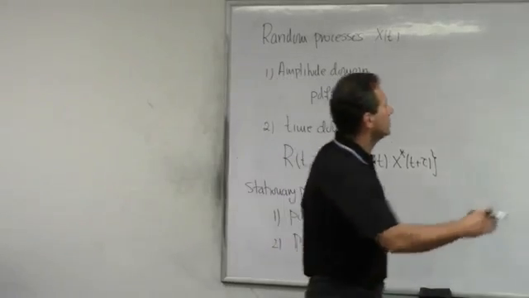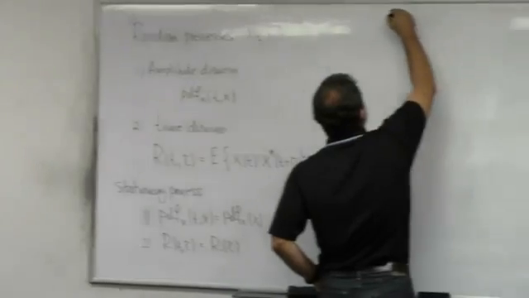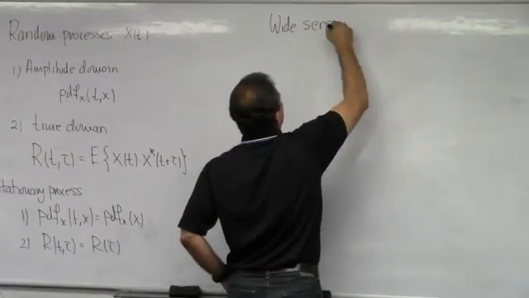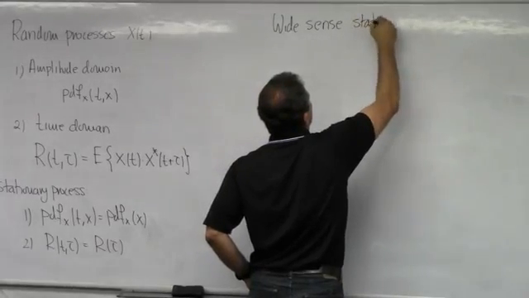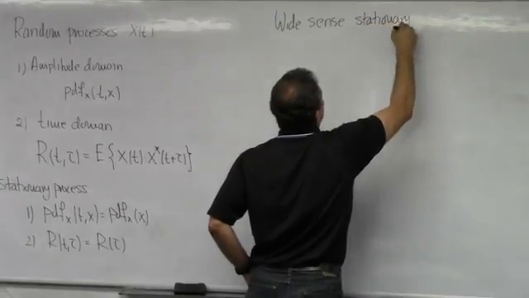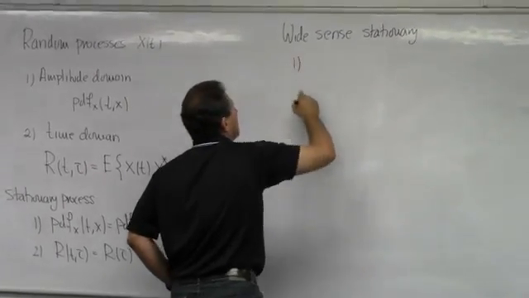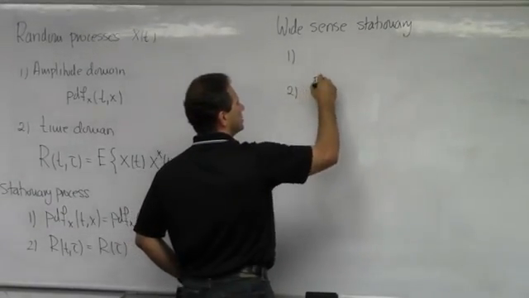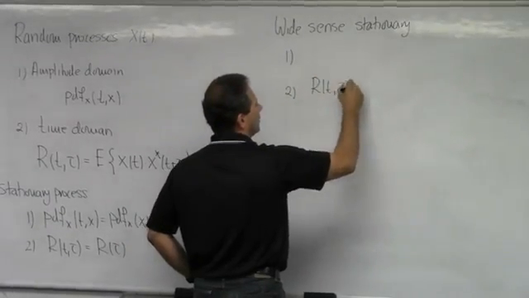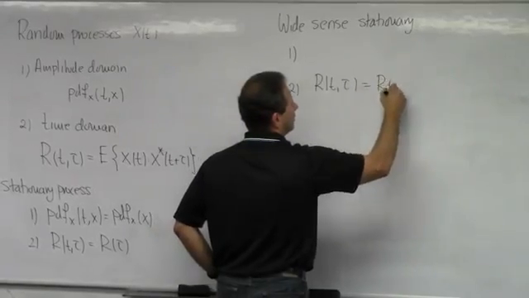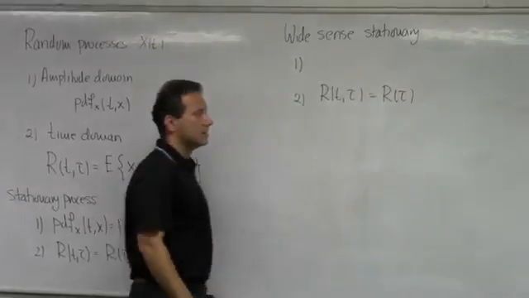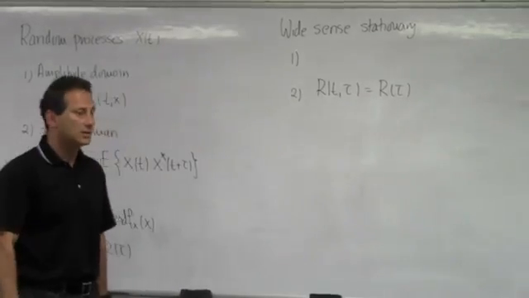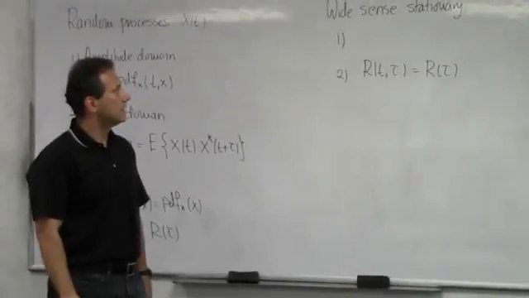We had a weaker condition that we call wide-sense stationary. Here, we also have two conditions. One condition is this R of t tau is just R of tau, right? So autocorrelation function does not change. So the time domain characteristics is unchanged as a function of time.